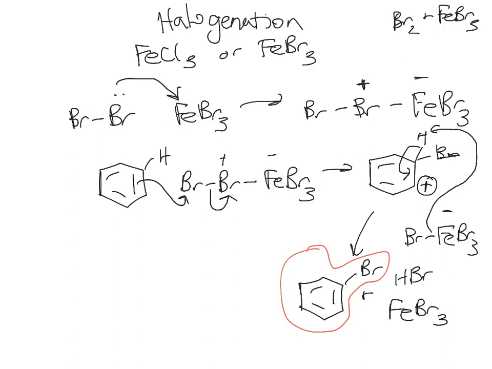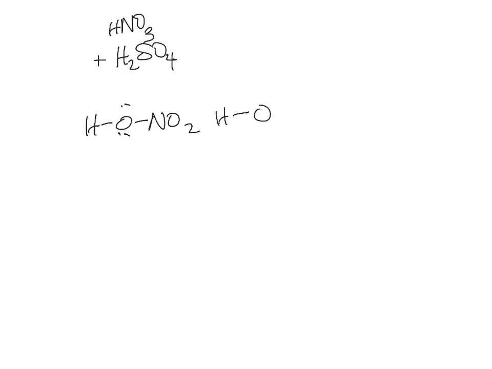Let's talk about nitration and sulfonation next. Again, with nitration, we need to form our electrophile. And so nitration happens with nitric acid and sulfuric acid. Those are your reagents. So we take our nitric acid, which looks like this, and then we can take our sulfuric acid, which is an even stronger acid, and we can protonate our nitric acid.